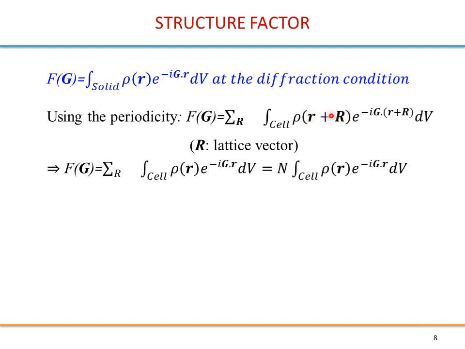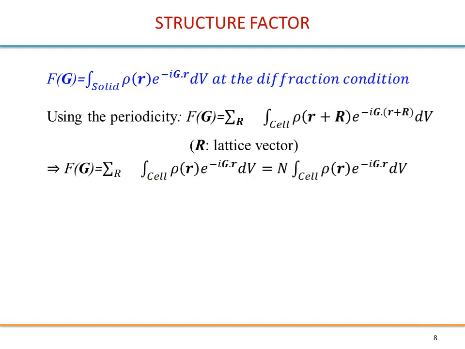r plus R, rho of r plus R is rho of r because of the periodicity, and here you have e to the iGr, which remains here, and then exponential of minus iG capital R, which is 1 according to the definition of the reciprocal lattice.